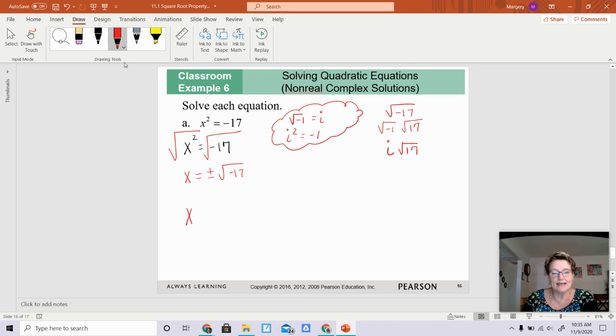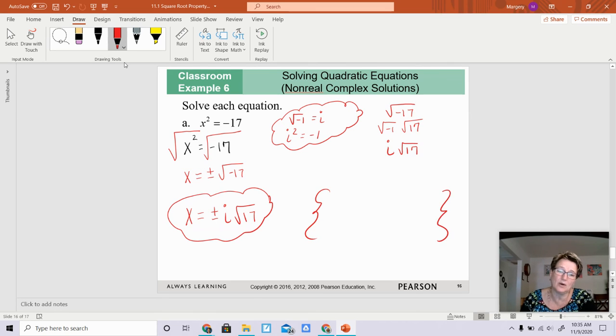So my actual answer is going to be plus or minus i square root of 17. There is my answer. Again, because of your homework, it might look like this: i square root of 17, negative i square root of 17. It just depends on how your answer is presented, okay?